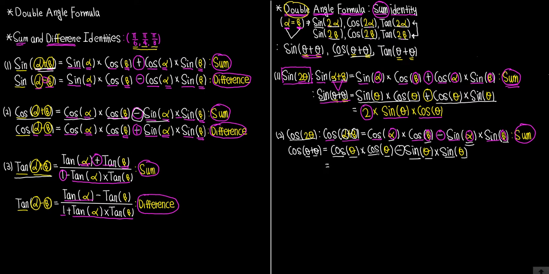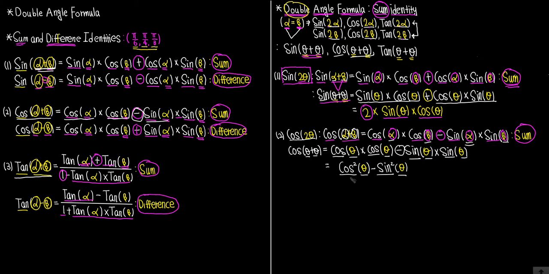If you're multiplying the same term twice, then it will be the cosine squared of theta minus the sine squared theta. And this will be the cosine of 2 theta. So we get a conclusion where cosine 2 theta is cosine squared theta minus sine squared theta.